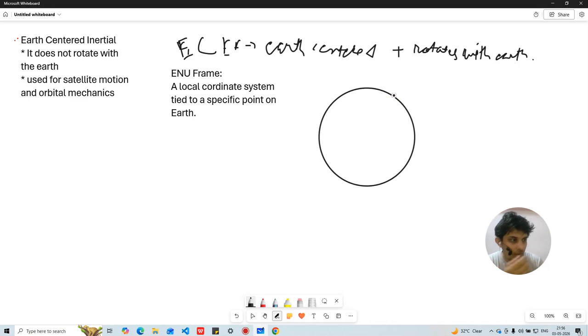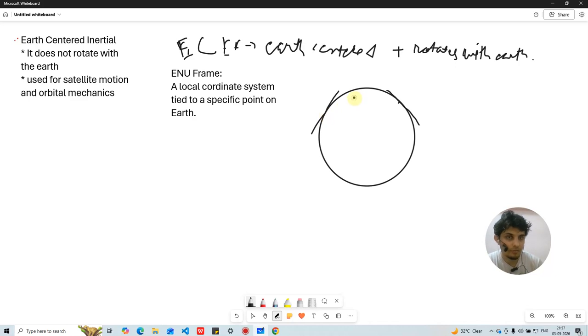This ENU frame sits on a flat plane that just touches the Earth at your location. So for example, we are here, and the flat plane passes like this. It's local, because if I'm standing somewhere else, the flat plane passing is different. So it changes depending on where we are. For example, ENU axes at Bangalore and Hyderabad are different from those of New York, Tokyo or Shanghai.